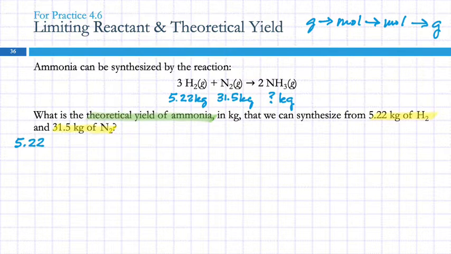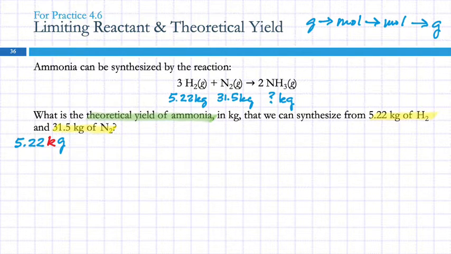5.22, I'm going to write kilo in red, because kilogram means 10 to the third times grams, right? And so we're just going to let the kilo sit there. We're not going to cancel it out. We're just going to cancel out the grams. And then at the end, we can push it back with the gram that we get there, and we'll have our correct unit.